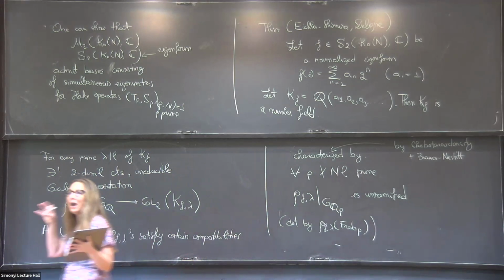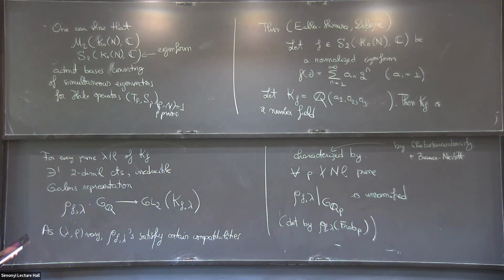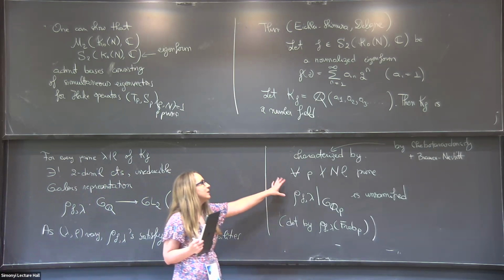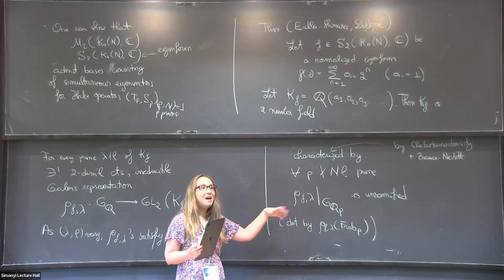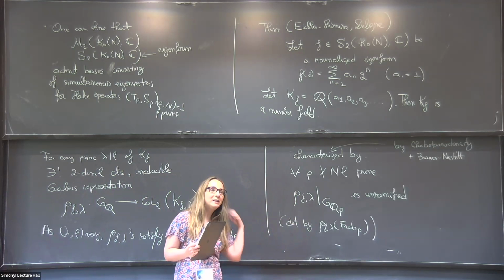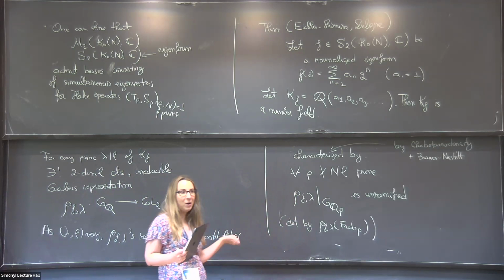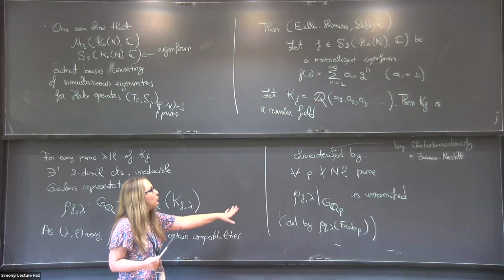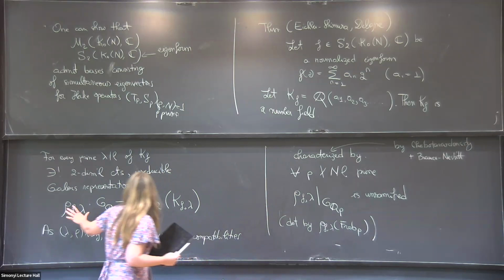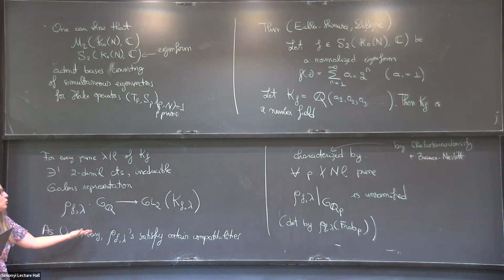And then there are some extra strong conditions on the Galois representations that are not needed to describe them uniquely, but that were conjectured to hold and then proved to hold as well. So there are extra properties that are sometimes useful.